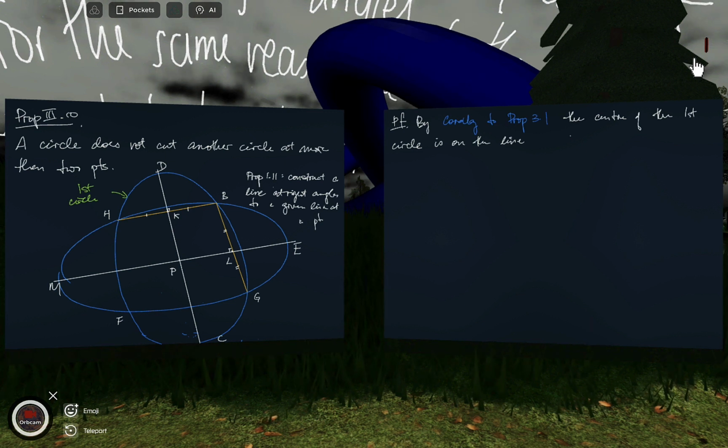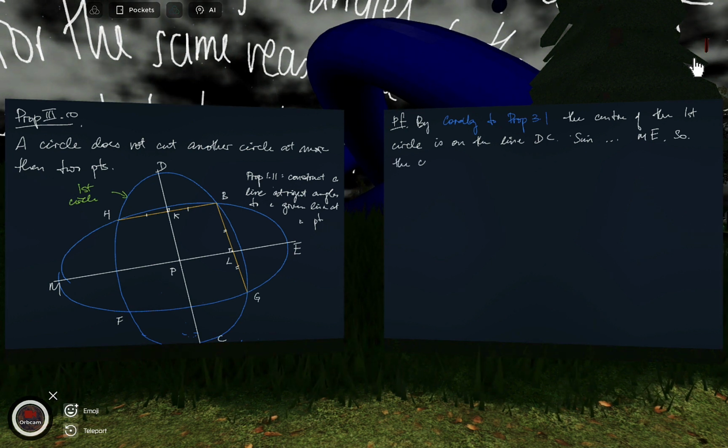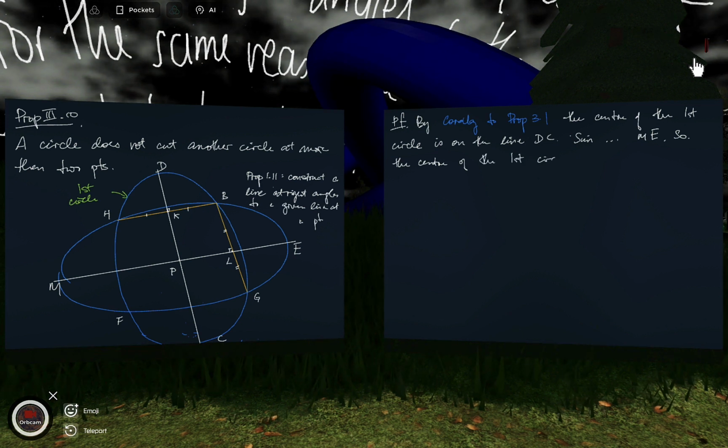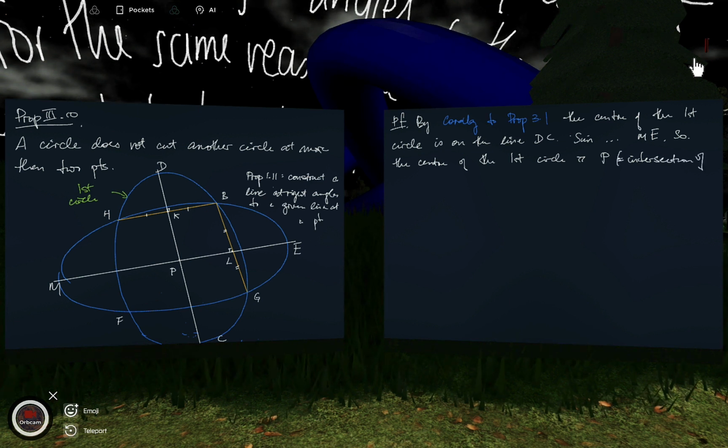So, DC. And similarly, the other one is ME, I guess. ME, right? And so, by the similar argument as previously, the center of the first circle is P, which is the intersection of ME and DC.